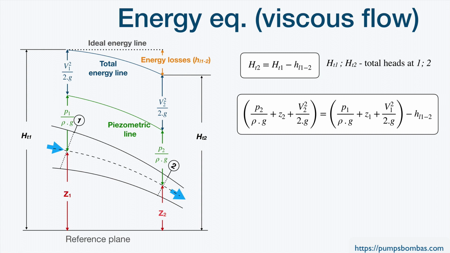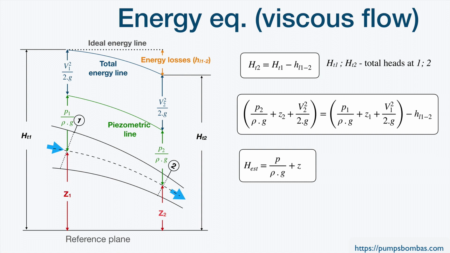Let's pay attention to one thing I would like to remark. In this equation, we have a part of the energy that doesn't change with the flow rate, and another part that does change. The static component of the energy or of the head is the sum of the pressure head plus the geodetic head, as you can see in this equation.